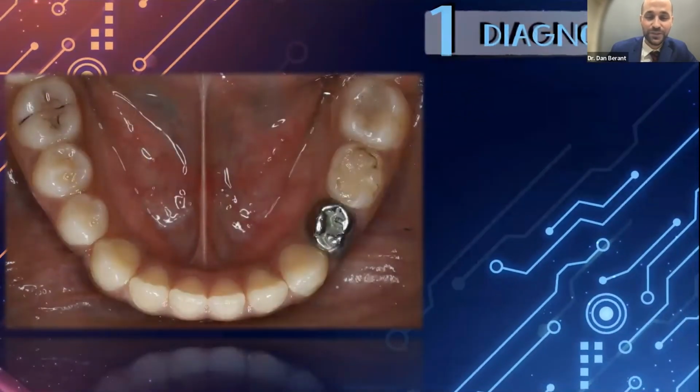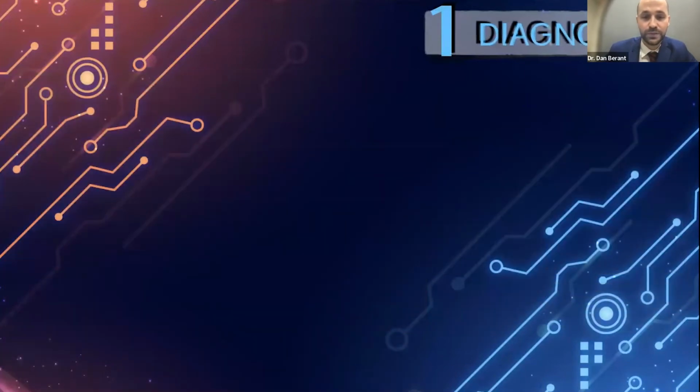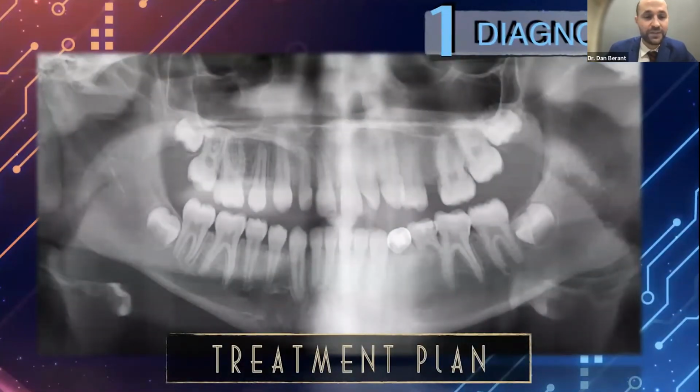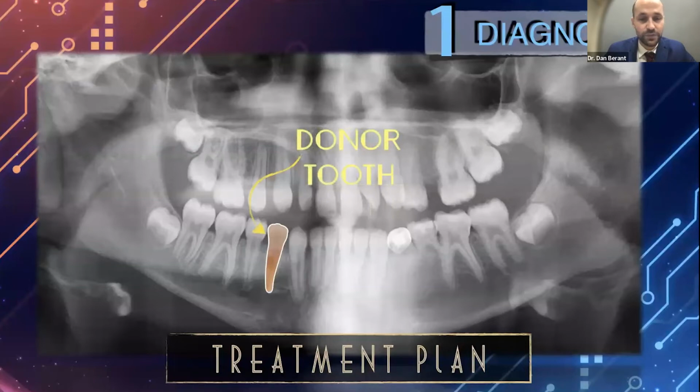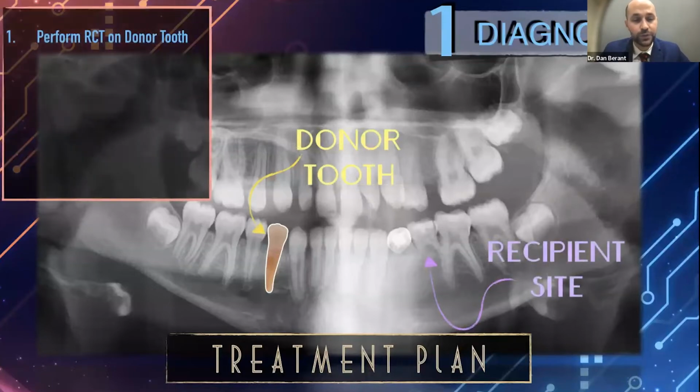So let's start with this patient. Well, what do we see? We already said that she has agenesis of her lower premolars. When we have the discussion with the patient and her parents, we showcase this x-ray and say, essentially what we do is we take the donor tooth. In this case, since the root is already fully formed, we begin by performing a root canal on the donor tooth.